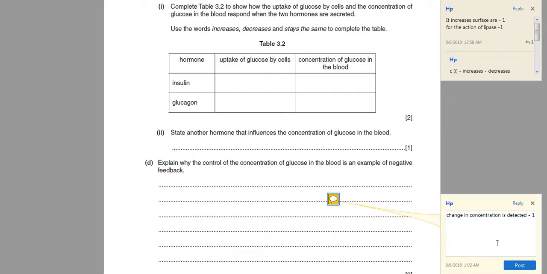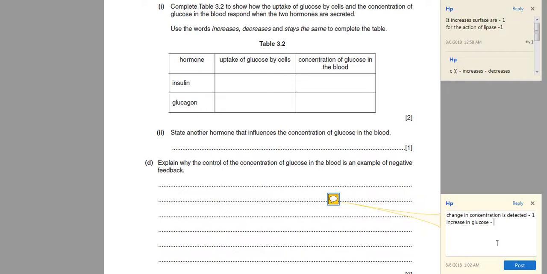For example, if you are going to talk about change in concentration being detected, which change is detected? Increase in glucose. So what will happen when there is an increase in glucose?